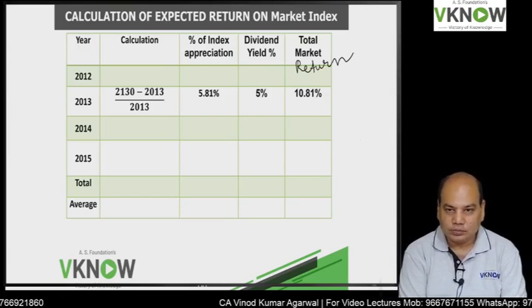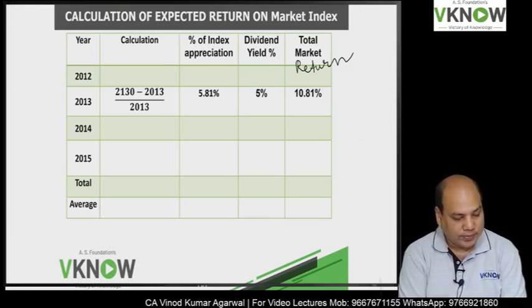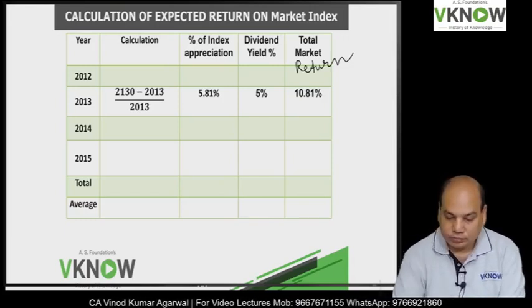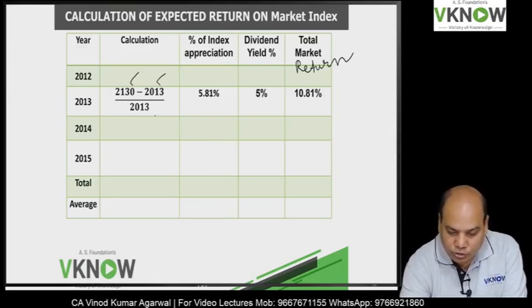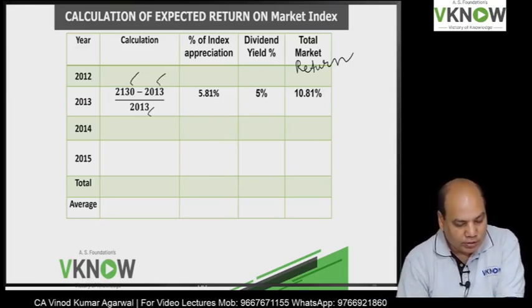2013. Now don't use 2012 line because opening balance is not there. In 2013 the closing is 2130, opening is 2013, divided by opening 2013.